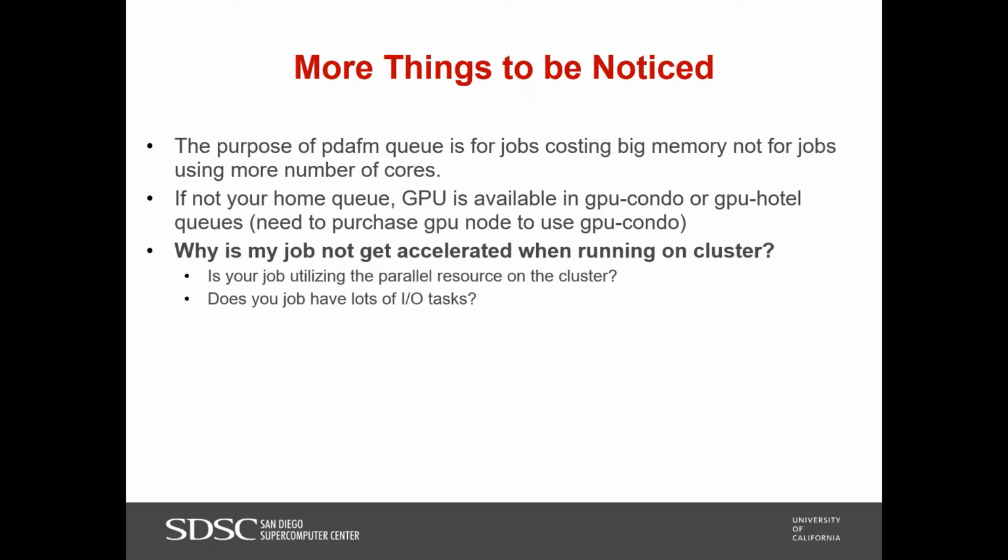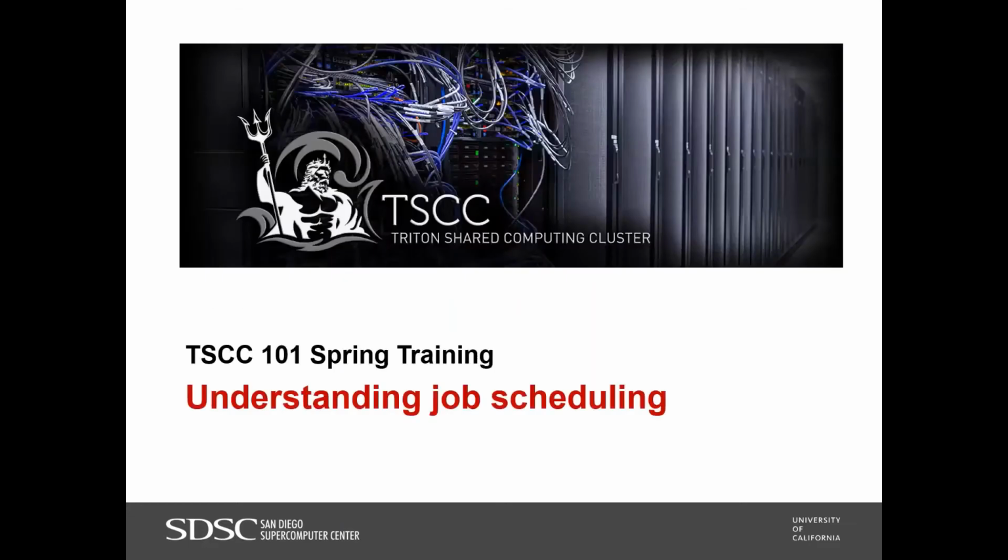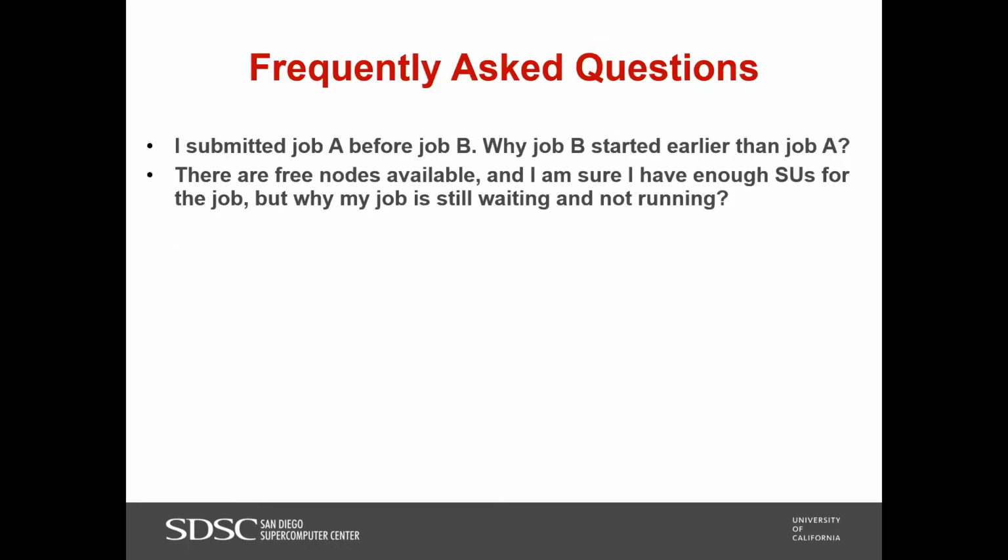Let me see the time. We need some time for the Q&A session, so I will skip the last part of the job scheduling details, but I'm including all the slides here. They answer some very basic questions like this: I submit job A before job B, why did job B start earlier than job A? In other words, why don't we use first come first serve policies for our job management and submissions?